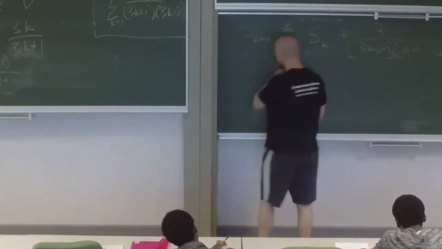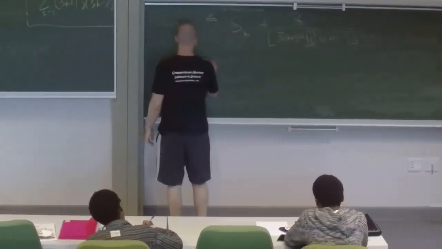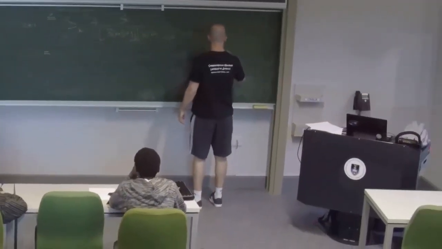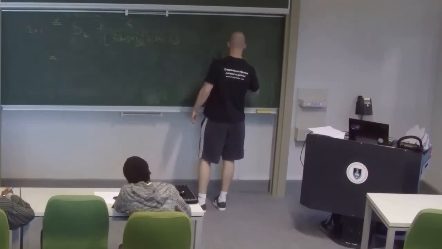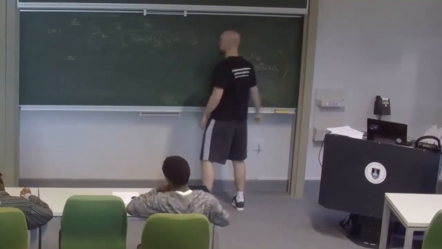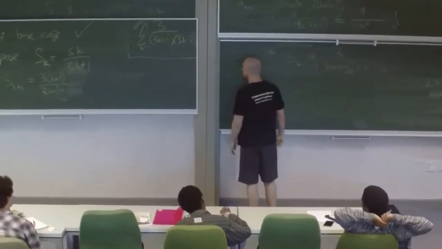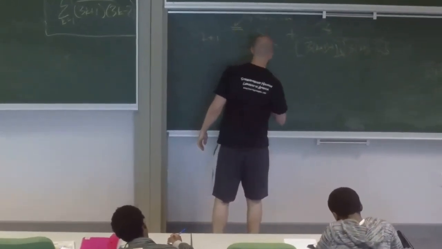So then, using the induction hypothesis, maybe I'll write it here, we can say what S_k is. We know that it's just 3k over 3k plus 1, okay?